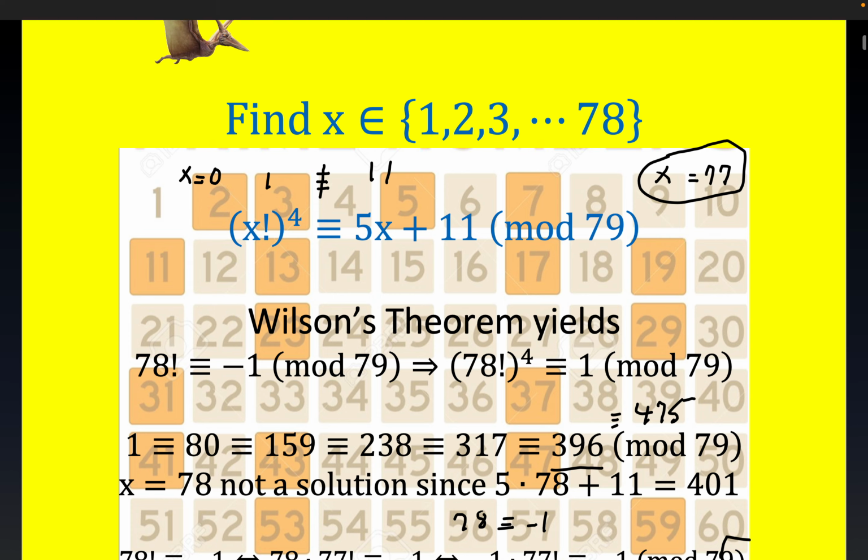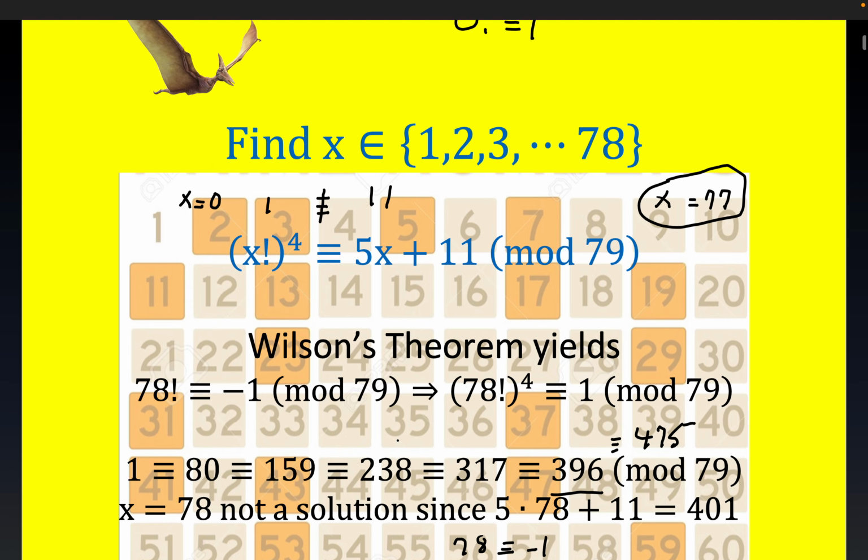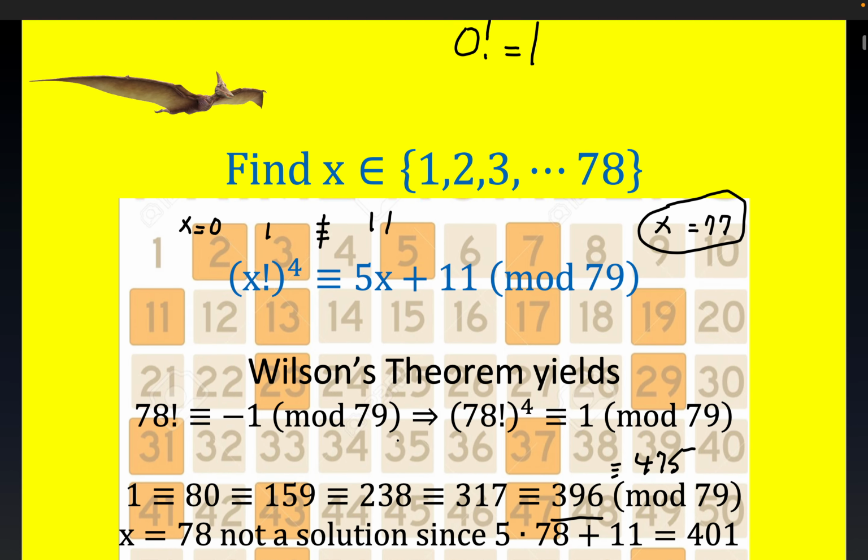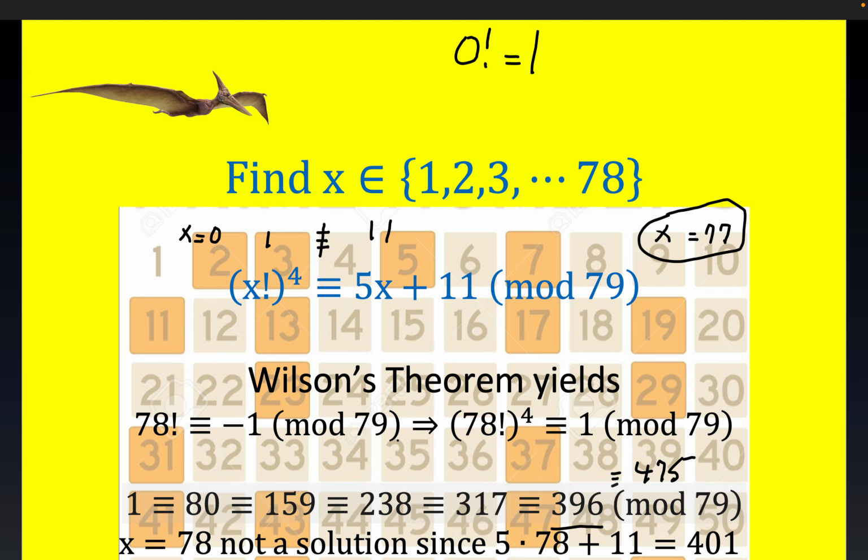I just don't know. Let me know if any of you know whether or not. I have a feeling 77 is the only one, but I know that's far from rigorous. It's nothing like rigorous mathematics here, just to posit your opinion. But we did find a solution, namely 77.